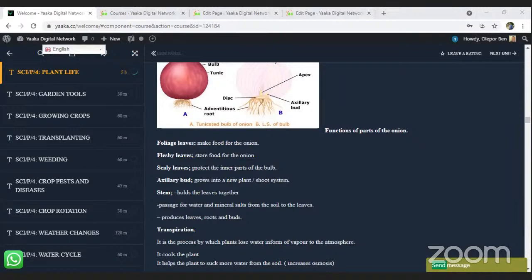Excuse me, teacher. Yes, please. Is it true that when you eat an onion, it saves the liver? It saves the liver from rotting if you eat an onion. I don't know much about it. I don't know whether it is scientifically true, but locally, people believe that when you eat it, it can help your liver.